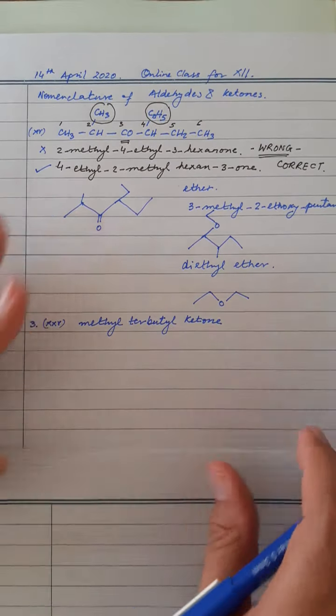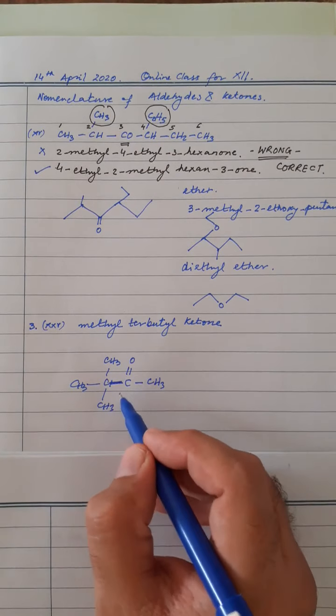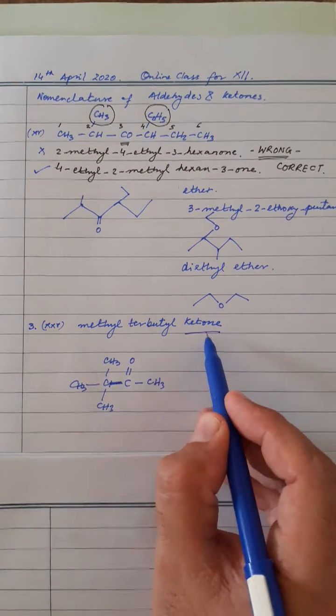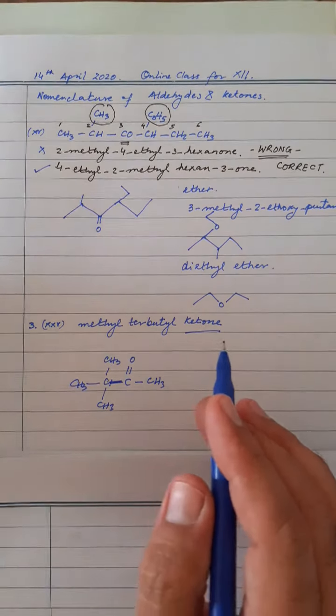So you know, this is how you make tertiary butyl. This is 1, 2, 3 tertiary carbon. Then you need a ketone. This is ketone. And then the methyl. This is methyl and tertiary butyl ketone. So ketone means you need another carbon with a double bond with oxygen exclusively.